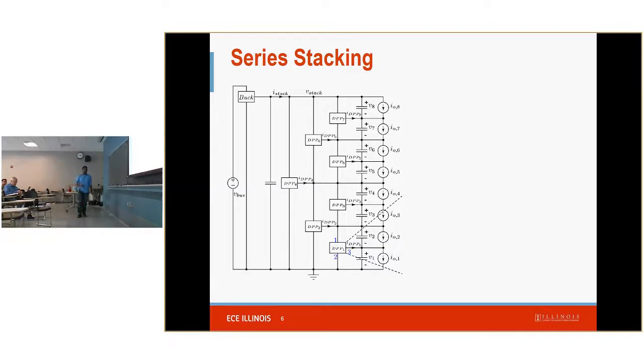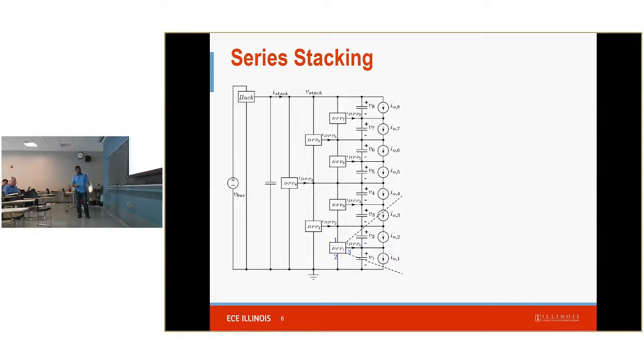But with series stacking, now I have to take care of the balancing between the consecutive core currents, and that has to be done with external converters as well. This is where differential power processing comes in.